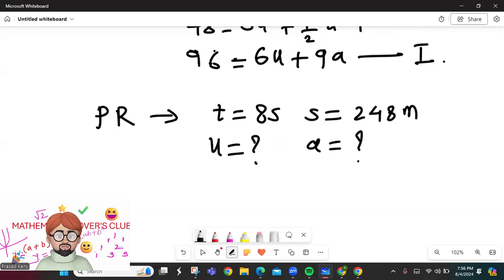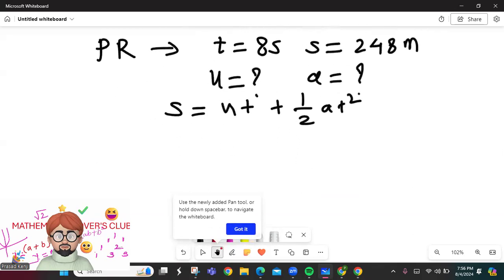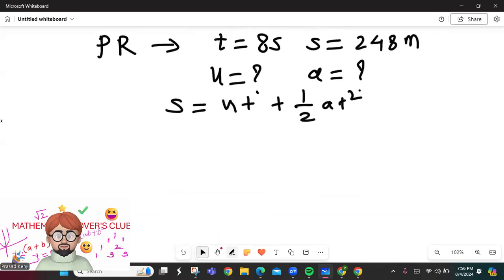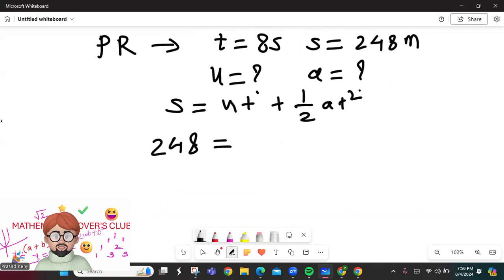So now you write, again use s is equal to ut plus half at square and write one more equation that will be 248 is equal to, now in this case t is equal to 8, so you'll get 8u plus half into a into 8 square.